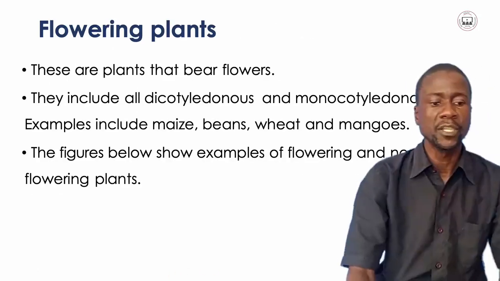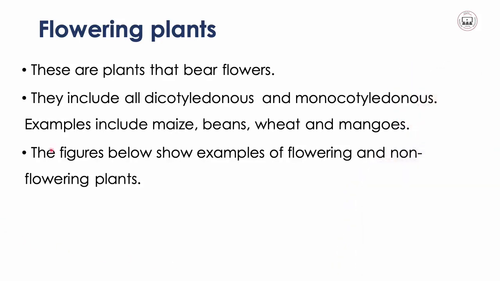If we talk about flowering plants, they are plants that bear flowers. They include all the dicotyledonous and the monocotyledonous plants. Examples include maize, beans, wheat, mangoes, just to mention a few.